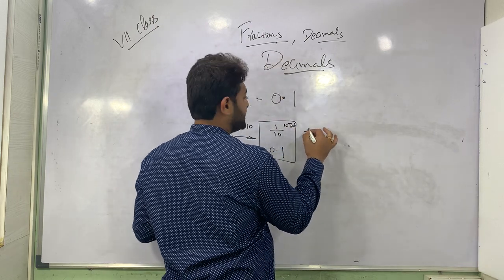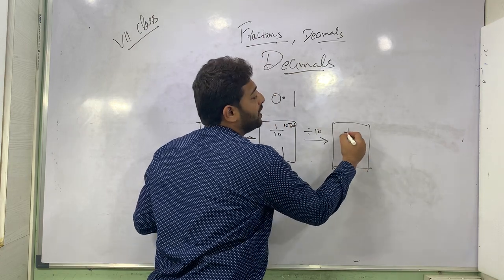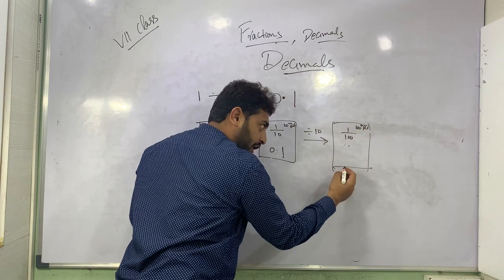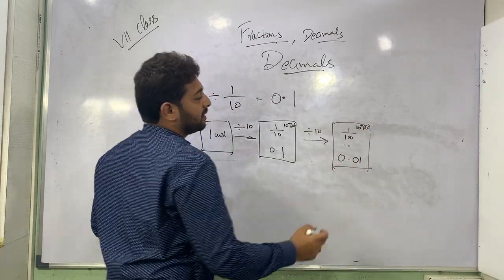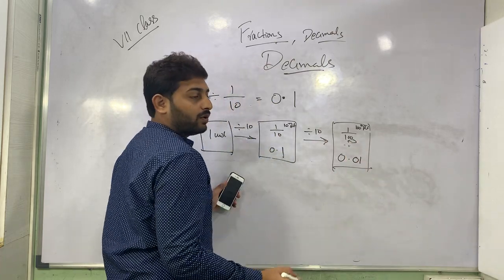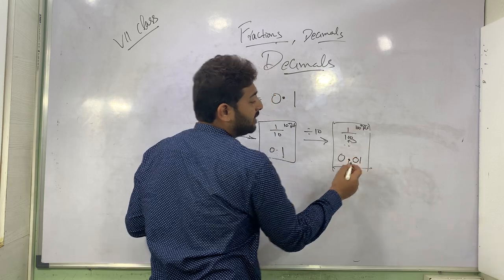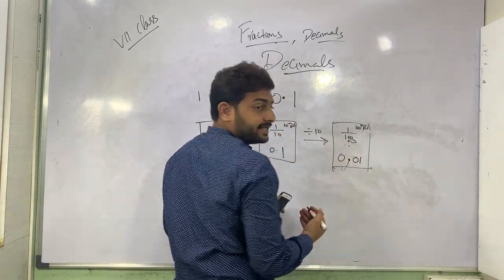Now, when this is divided by 10, it would become 1 by 100 or the 100th part, or it can also be written as 0.01.